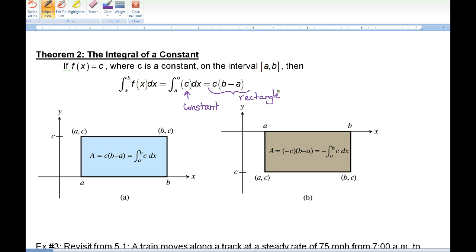We already did this. This was the very first example that you did in the notes packet. Remember the train with a constant rate was going 75 miles per hour from 7 a.m. to 9 a.m. So what was the area of that rectangle? It was 75, right? Times what was the length of the subinterval? It was 2. So you just multiply.